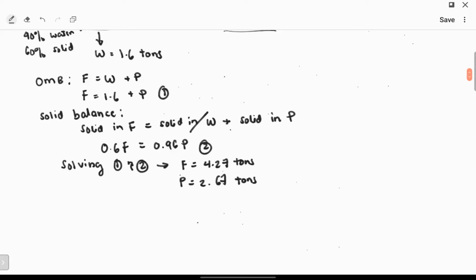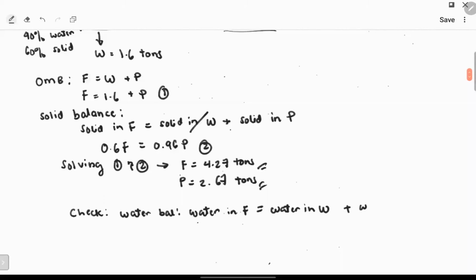So probably let's do that, no? To check, di ba, water balance. So water in F equals water in W, which is just W, right?